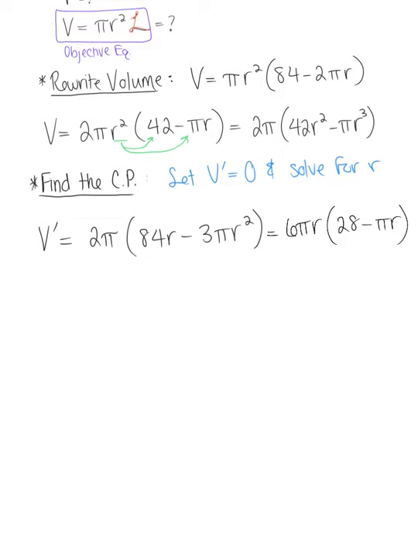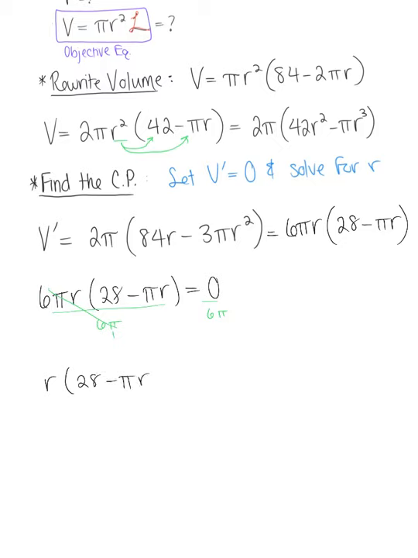And so we're now ready to set this equal to 0. So we have 6 pi times the radius multiplied by 28 minus pi times our radius is equal to 0. I'm just going to go right ahead and remove our constants here. We can divide both sides of the equation by 6 pi. So those cancel each other out, and we are left with r multiplied by 28 minus pi r is equal to 0.